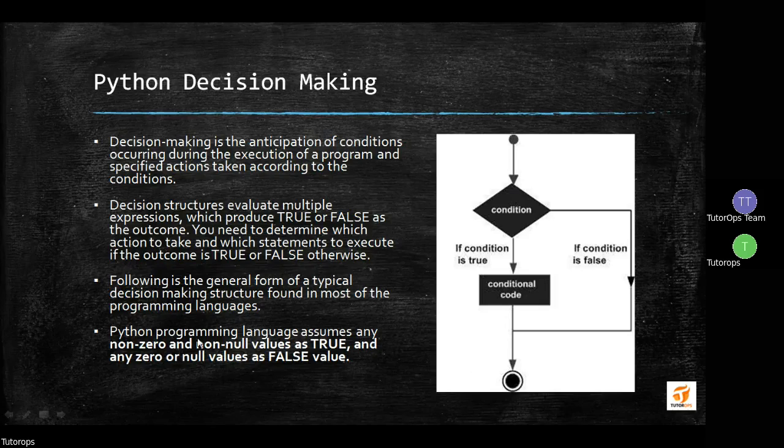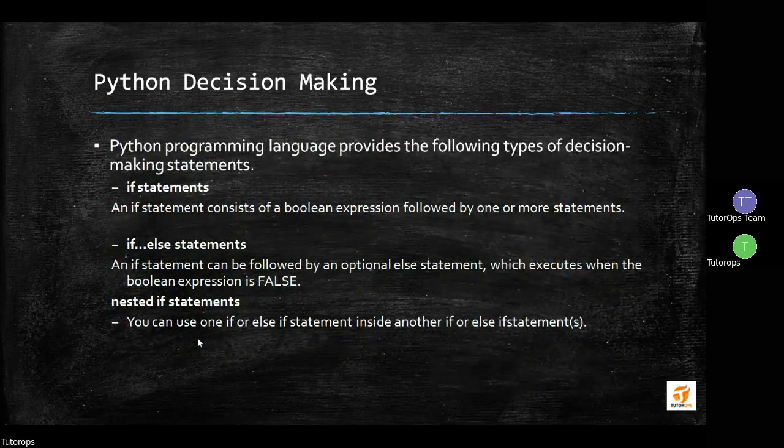Python programming language assumes any non-zero and non-null value as true and any zero or null value as false. Python programming language provides the following types of decision-making statements. If statements: an if statement consists of a Boolean expression followed by one or more statements.